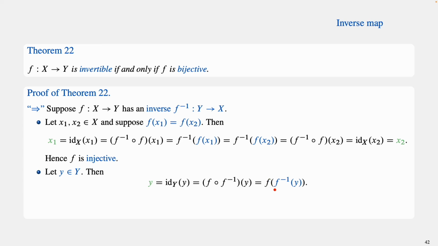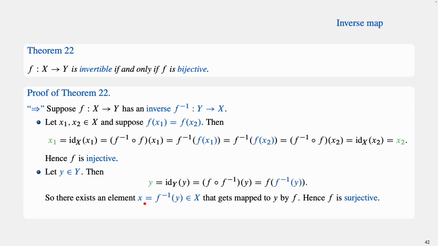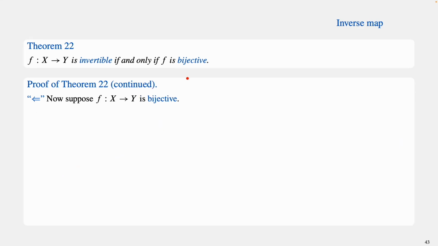And this is an element in x, so there exists an element x, namely this particular f inverse of y, that is mapped to y under the map f, and this means f is surjective. And since it is injective and surjective, it means f is bijective, and we're done with the direction from the left to the right. Now we go the opposite direction.